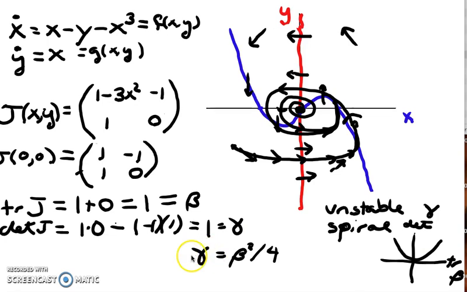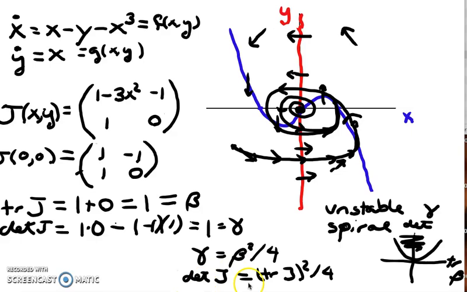Because then, if the determinant is larger than this number, you know that you're in this region. So I'd also write that this way. The determinant of the Jacobian would be compared with the trace squared divided by 4.